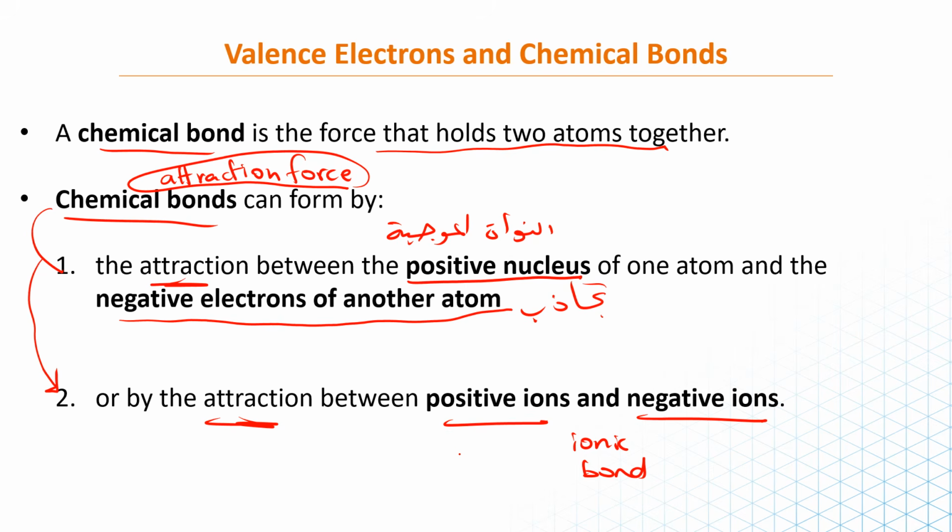So you can either have positive ion and negative ion وفي تجاذب, or you can have the nucleus, النواة of an atom and the electrons of another atom, وشو يحصل ما بين الموجب والسالب تجاذب. So these are the meanings of these two sentences.